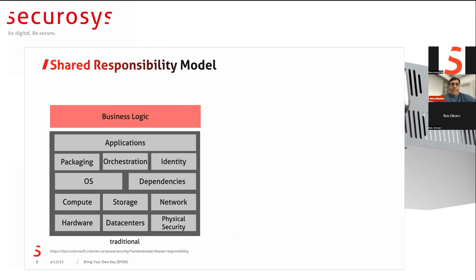A shared responsibility model looks something like this. You probably have heard about it. What the business really cares about is the top layer of this diagram. That's the business logic. This is how we address the markets, how a company differentiates itself from the competition, and most importantly, how a company generates revenue.